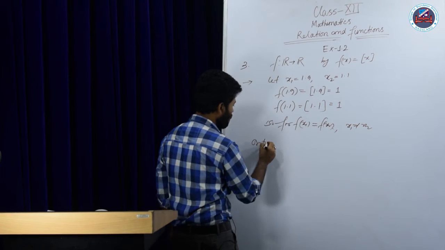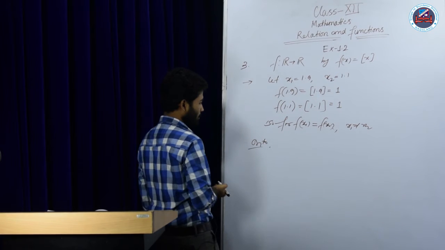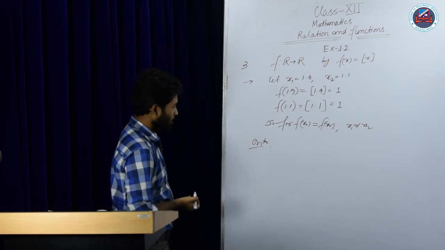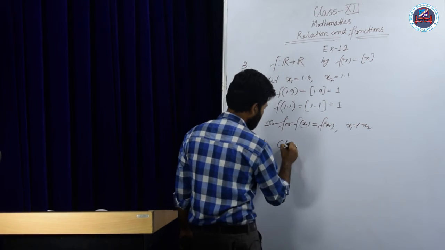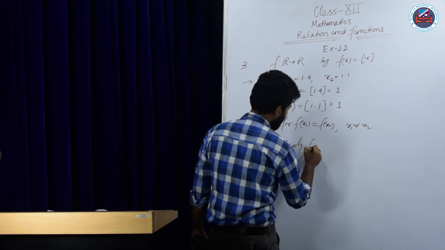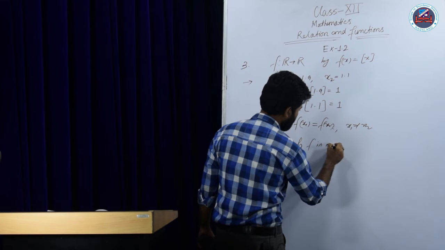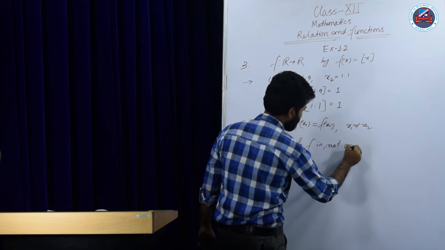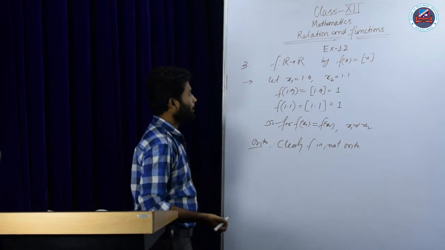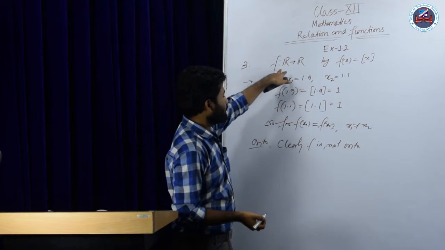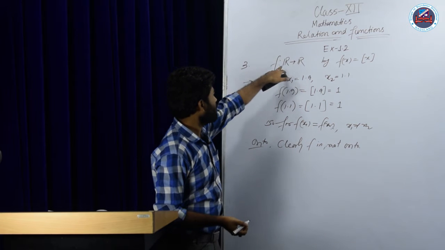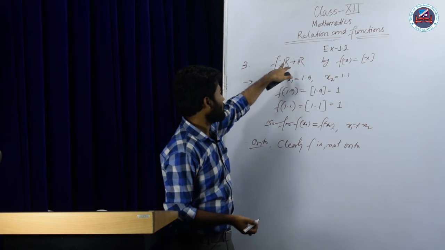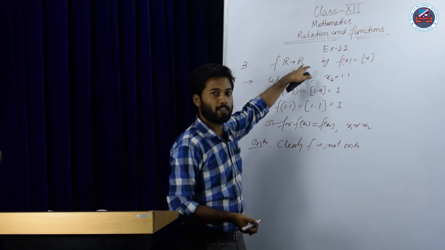Next, let us check for onto. So clearly we can say that f is not onto. Why? For that we need to understand f is a function defined from the set of real numbers to the set of real numbers.